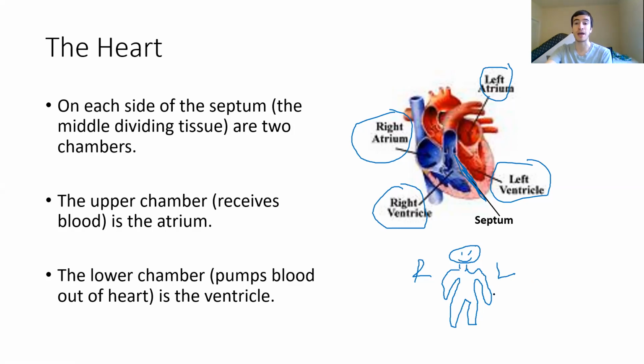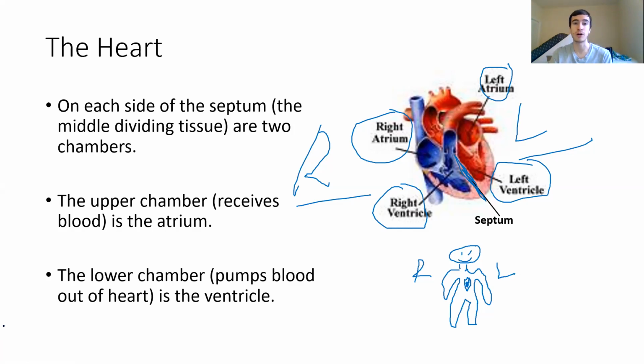So whenever we look at the picture of a heart, we're pretending we're looking at a heart that is inside somebody's body right here. That's why we call this side of the heart the right side and this side the left side when we look at it in a picture like this, because we're pretending that we're looking at it inside the right or the left side of somebody's body.